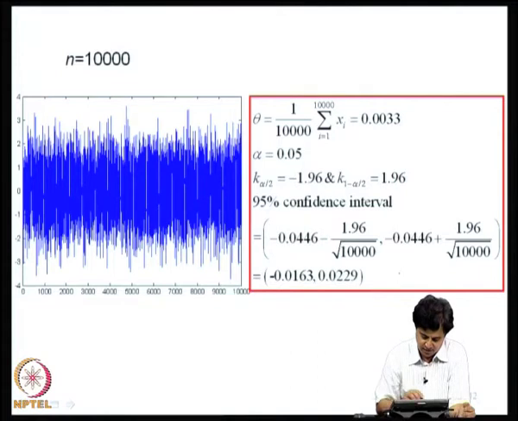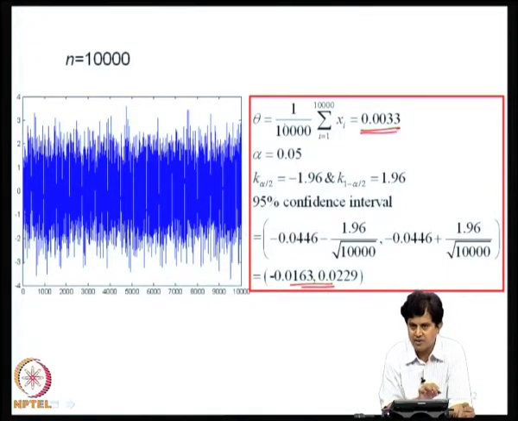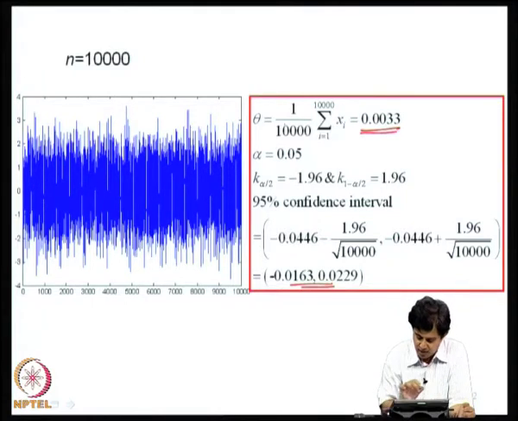Now, with 10,000, this answer seems to be close to 0, but this confidence interval is shrinking. We are getting narrower and narrower confidence intervals because I am using a larger number of samples. That is the conclusion we can draw from this exercise.